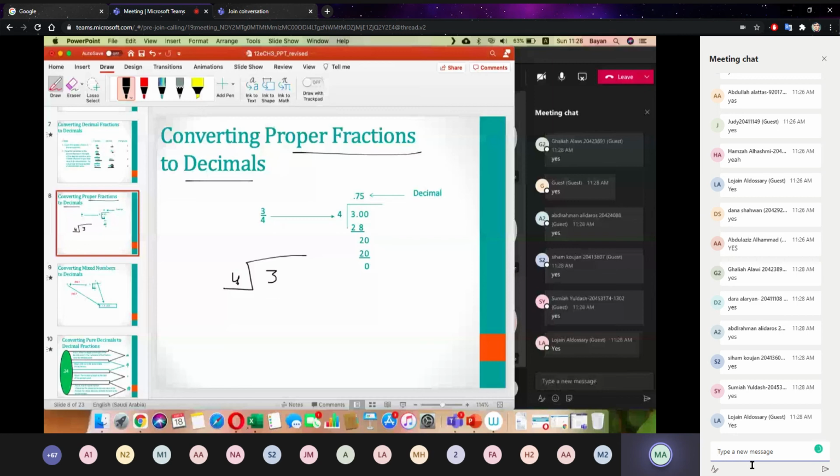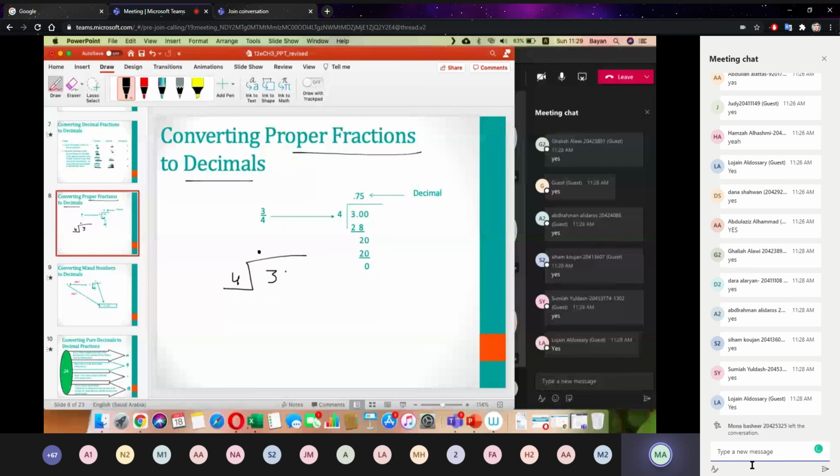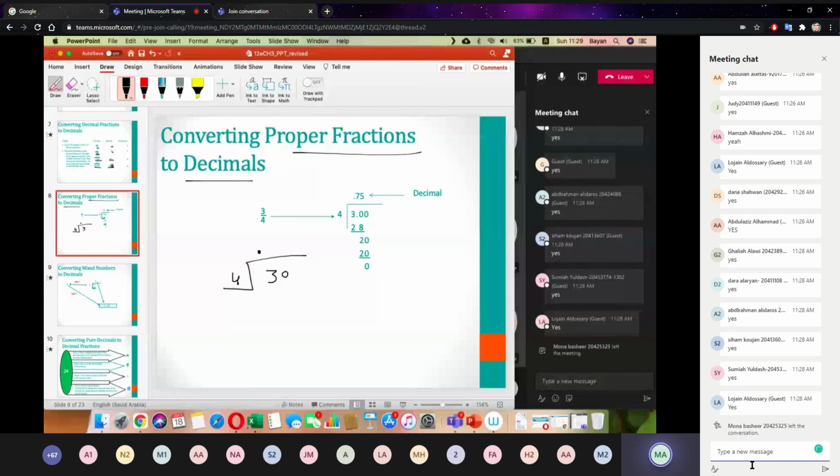You multiply it by 4 will not give you a value close to 3 because 4 is greater than 3. We should make this 3 become bigger than 4. So to increase this 3, we should add the decimal point here and then we can add 0 here. Add decimal point, then you add 0 here.